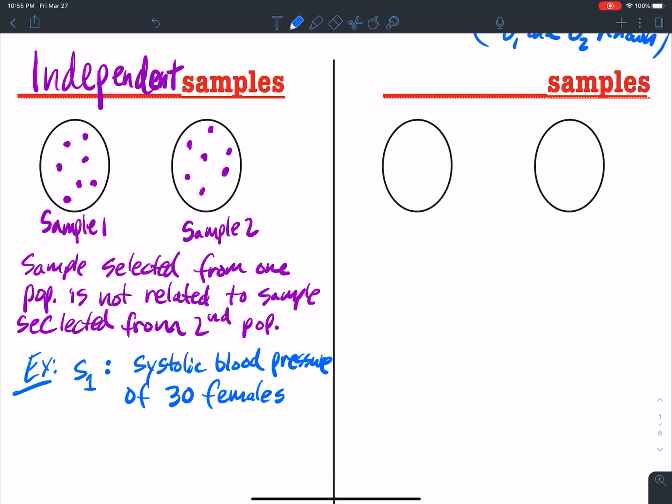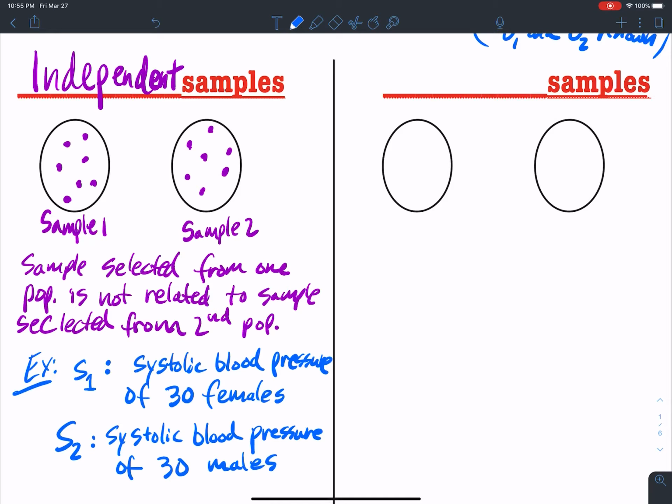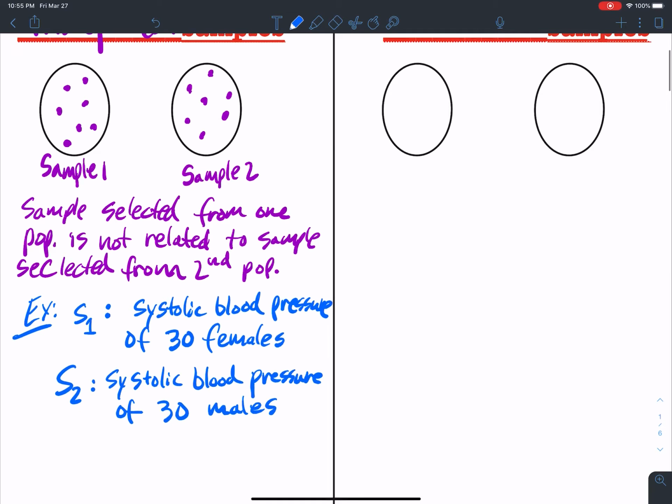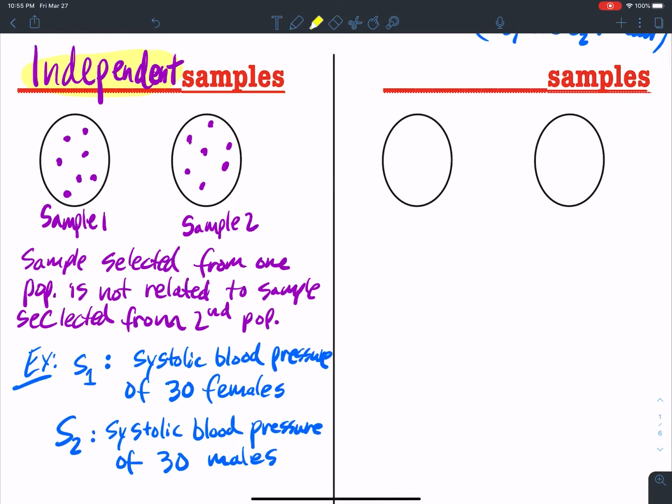And then we do a second sample and we take the systolic blood pressure of 30 males. Now, why are these independent samples?